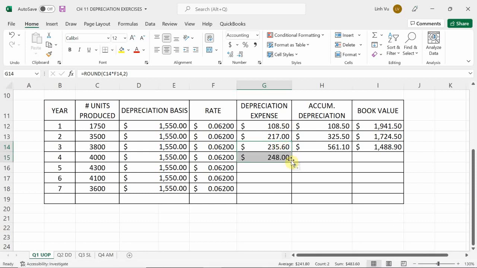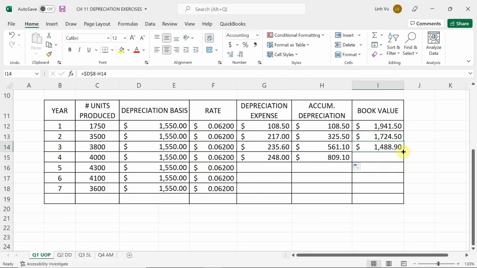Okay. So now 248.00 add 561.1. I got 809.1.